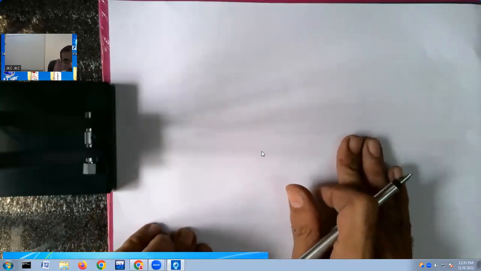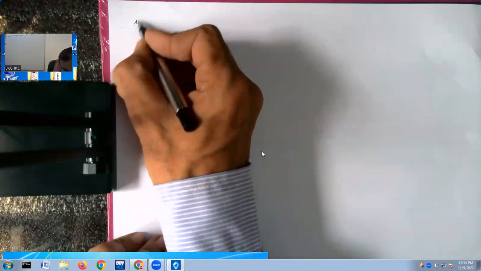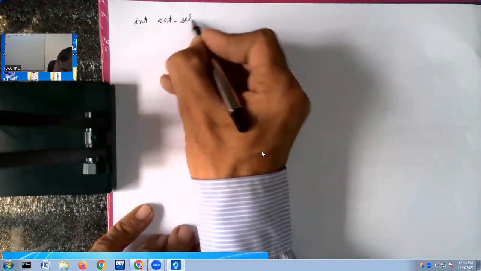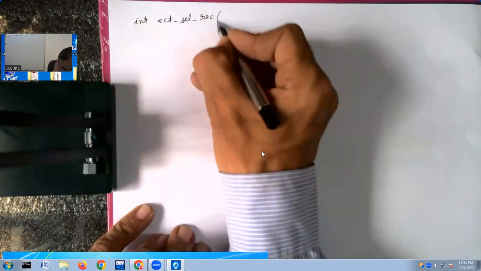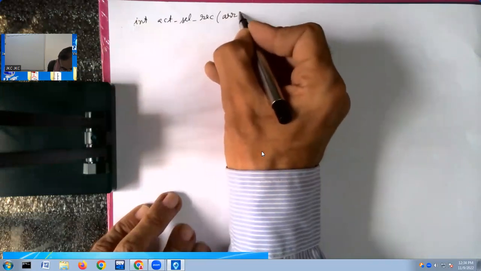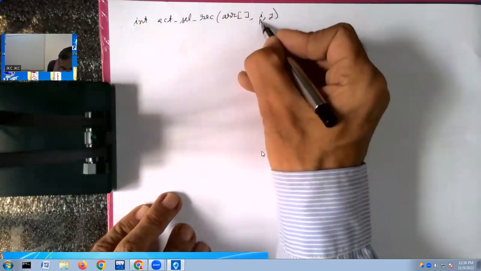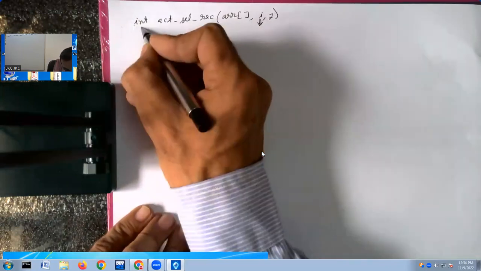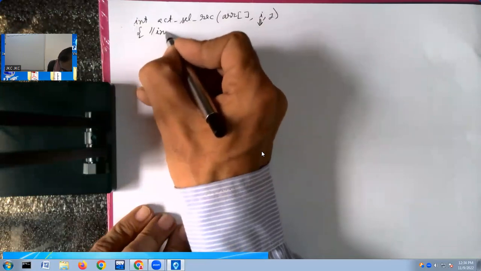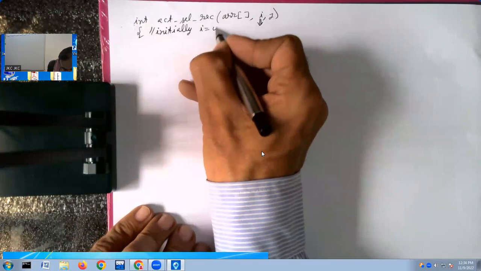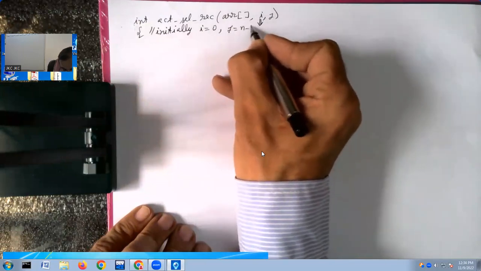So I'll just talk of having int activity selection, recursive version. Of course, here also your array will be needed. Your I and J will be passed. Of course, initially I will be calling it with I as 0, J equal to n plus 1.